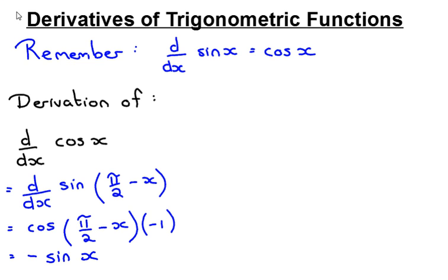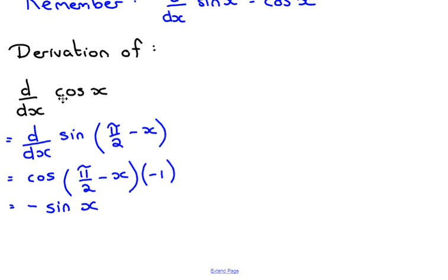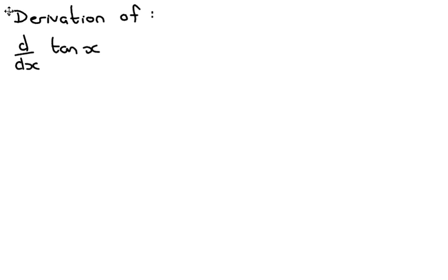Let's have a look at the derivative of tan x. We can now use the result that the derivative of cos x is negative sine x. First, let's rewrite tan x in terms of sine x and cos x, so I'm dealing with the derivative of sine x over cos x. Here I need to use the quotient rule.